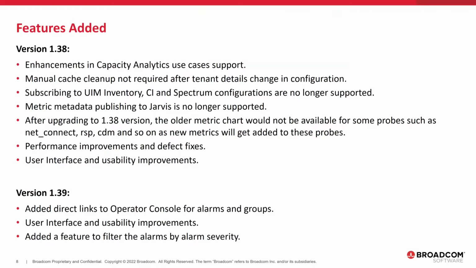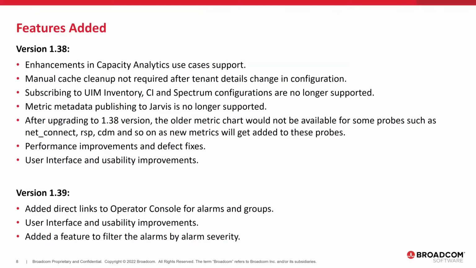Moving on to the next release, 1.39. Here, there was an ask from the customer to filter the alarms. Till 1.38, the OA connector used to send all the alarms irrespective of their severity. So we added a filter on the configuration UI to send the alarms for the specified alarm severity.